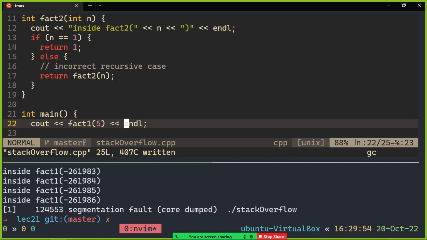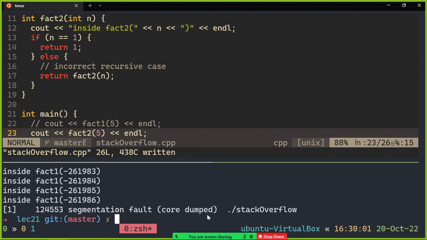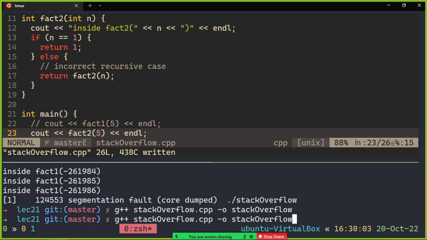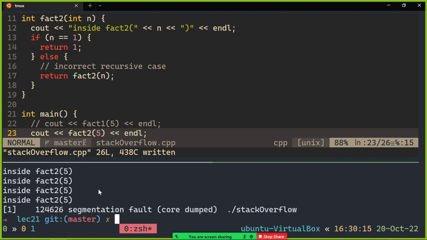I have to comment out this first call because otherwise it'll never get to it, right? So let's call fact 2 of 5 this time. What's fact 2 of 5? Oh, it's fact 2 of 5. So it calls itself a few 100,000 times all over again, and eventually it'll crash with a seg fault, which means it had no more memory to call itself one more time. Okay? So that is another example of a stack overflow.